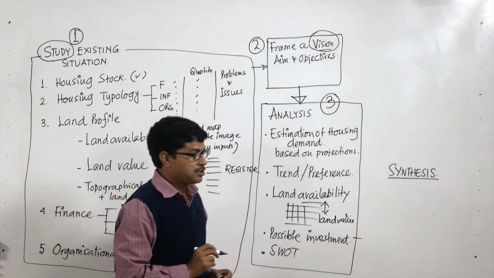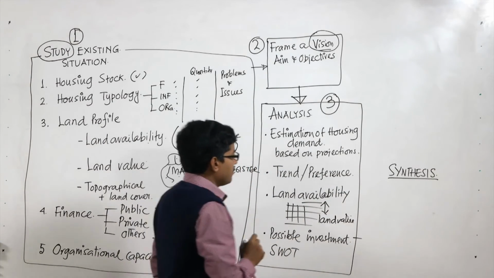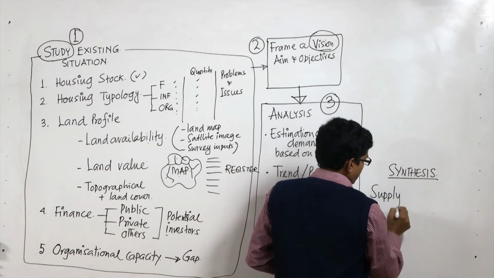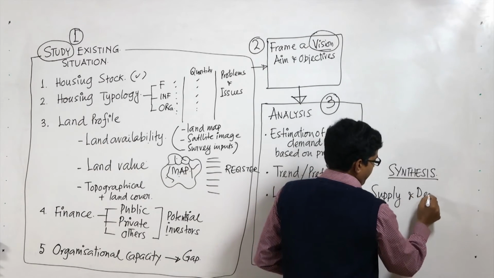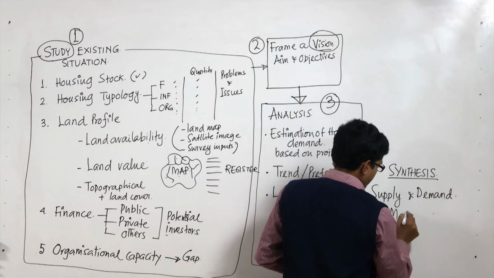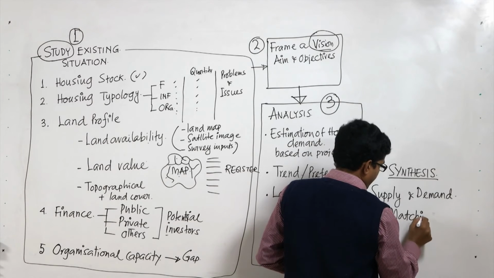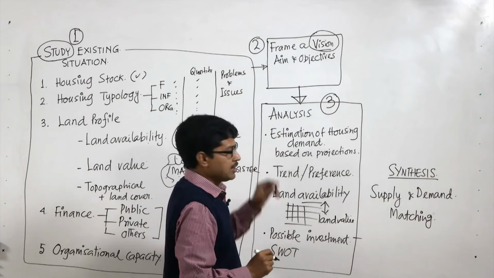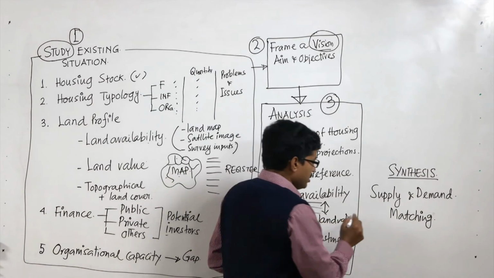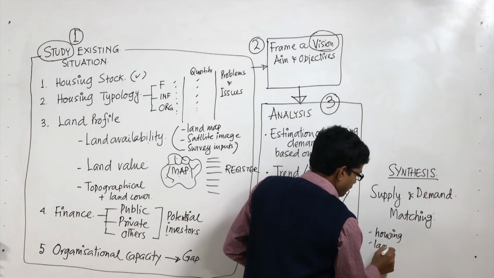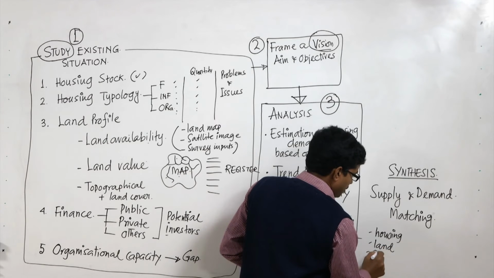In the synthesis we basically make the supply-demand matching, because we have already estimated the demand for housing. On the demand side we have housing, land, finance.